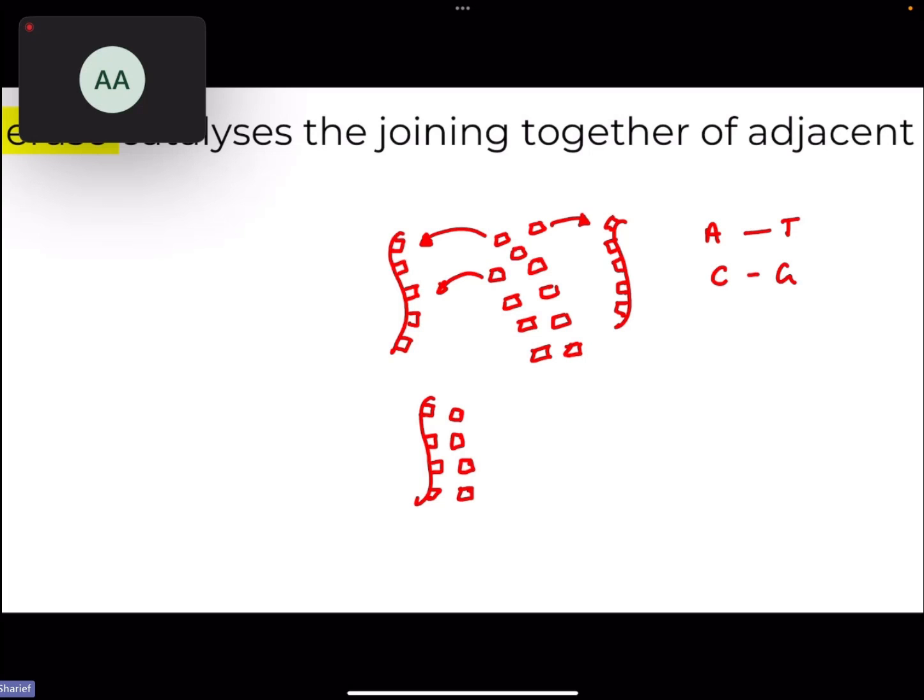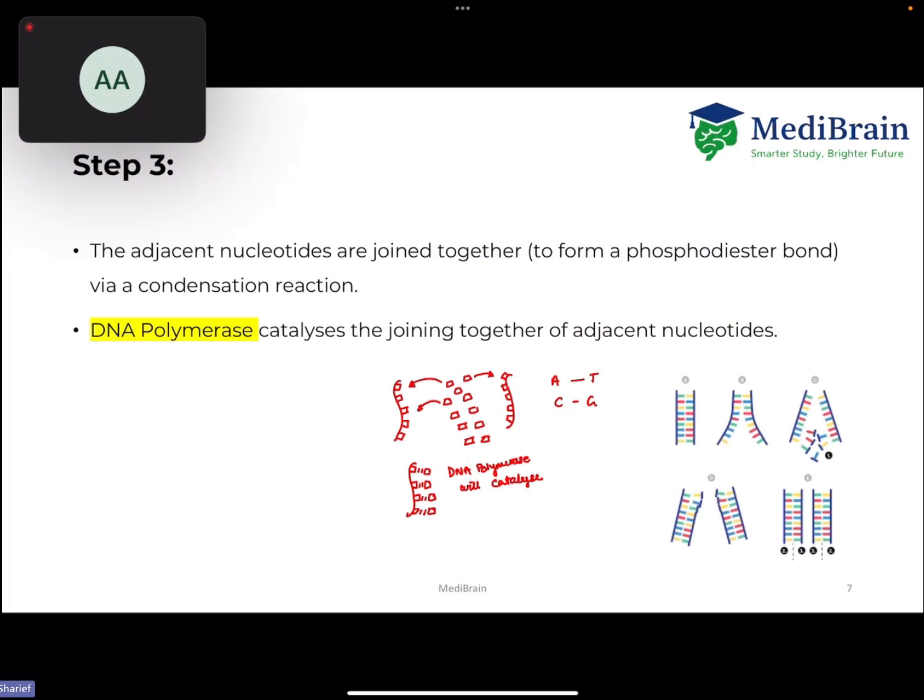And that's what DNA polymerase is there to do. DNA polymerase is there to join the attracted bases, forming this bond. They're attracted to each other, and DNA polymerase will catalyze it. It will speed up the joining of the bases together. So the adjacent nucleotides are joined together.